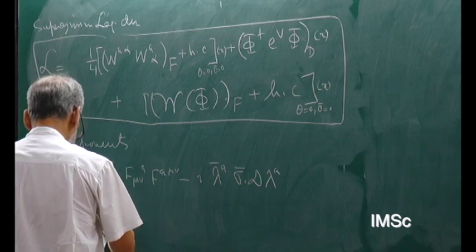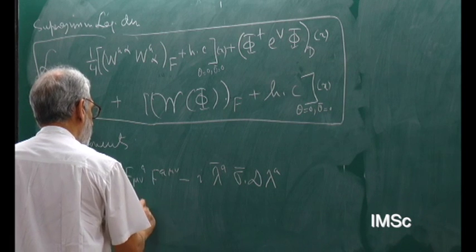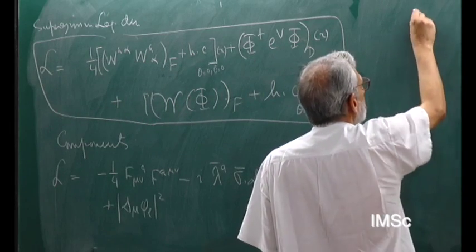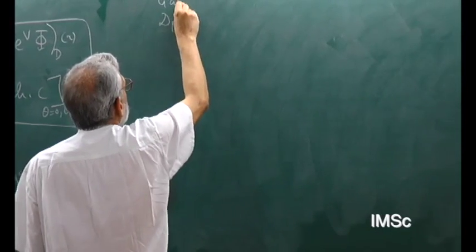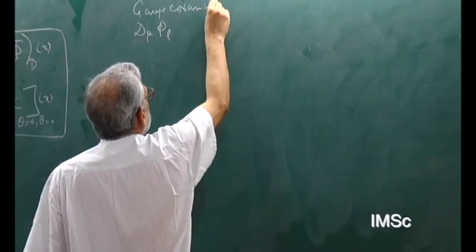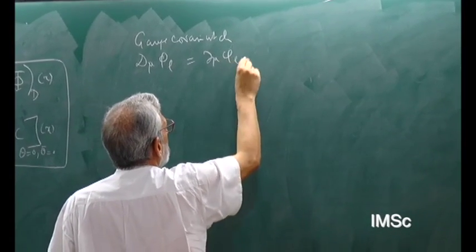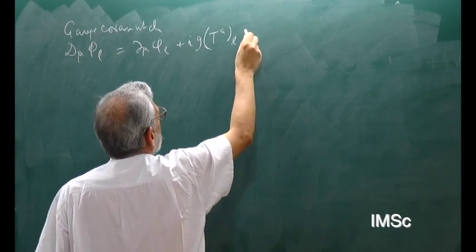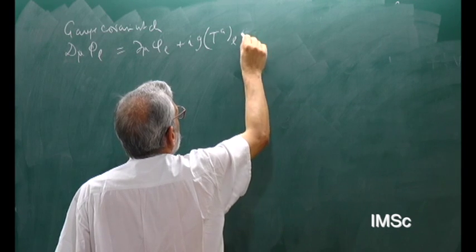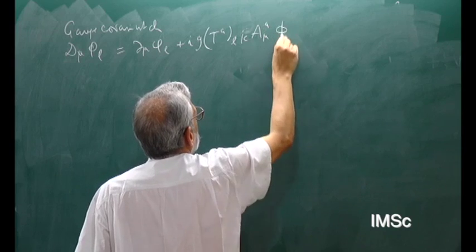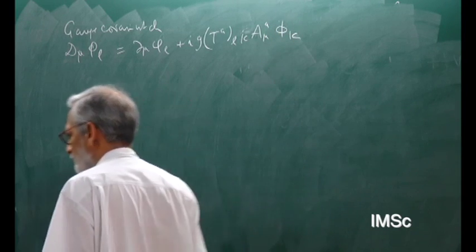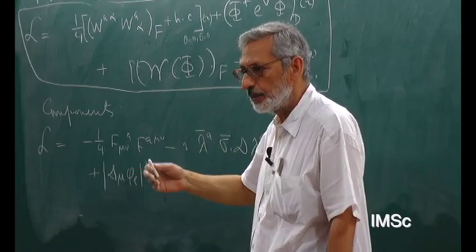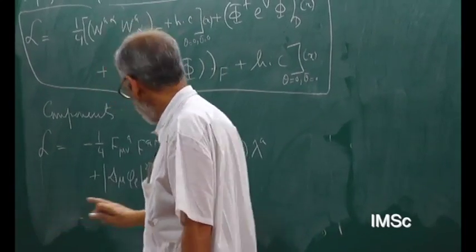Then the matter complex gives me plus |D_μ φ_L|². Now the covariant derivative of φ_L is the gauge covariant derivative, which is ∂_μ φ_L plus i g T^A_{LK} A^A_μ φ_K. Now φ_L is the number of components of the scalar field φ, because in a representation it will have a certain number of components, so I have written those clearly.